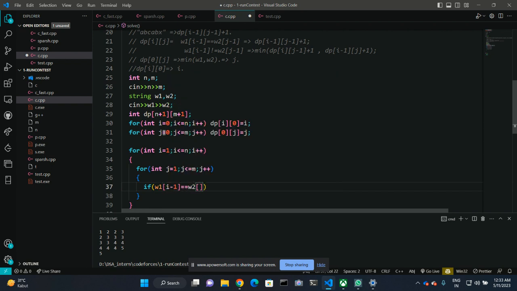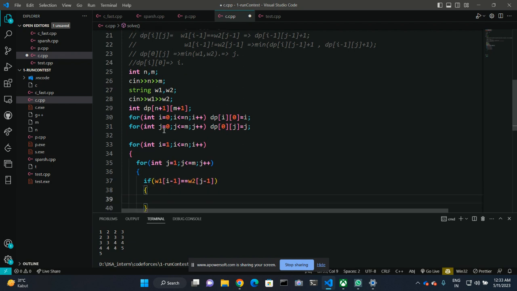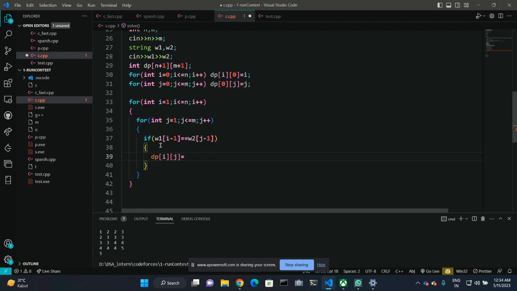Are you having any doubt? Like, here I is the iterator, why are you using the dimension pointer? Because we know that dp of I refers to the first I characters. So for the first I characters, the I-th character is at index I minus 1, right?